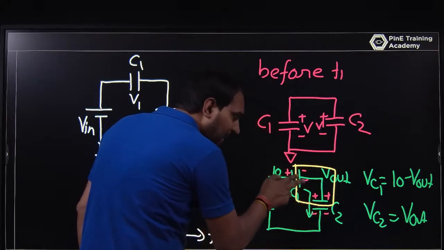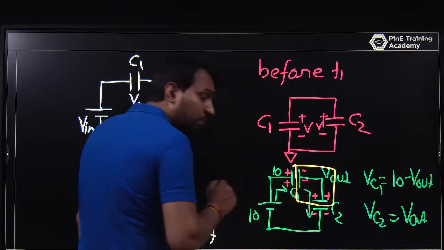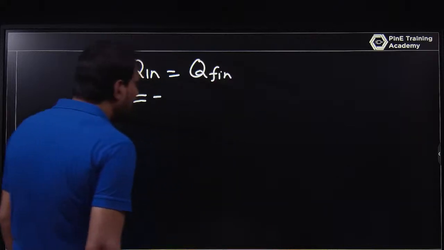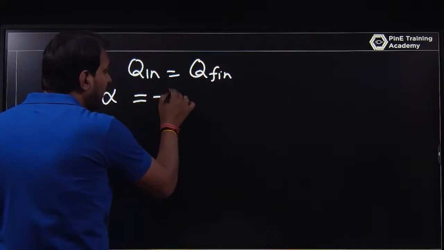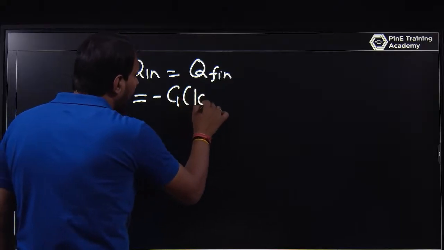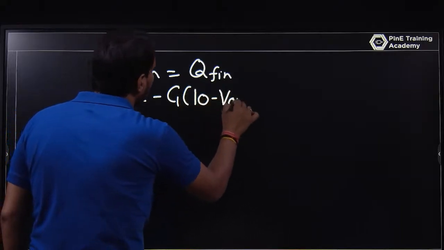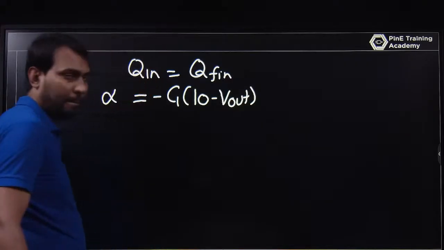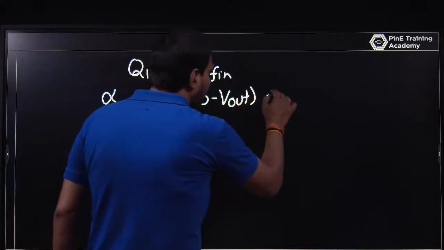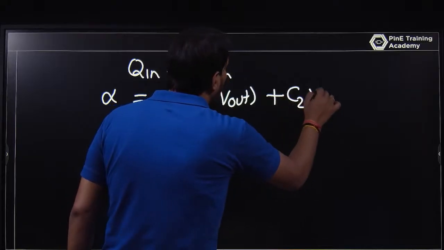If they are in series, this is negative and this is positive. So you write minus C1 into the voltage across C1, that is 10 minus V out. And what is the charge of C2? That is C2 into V out.